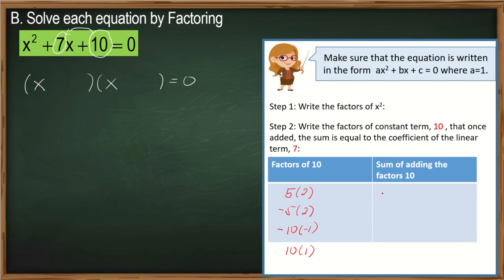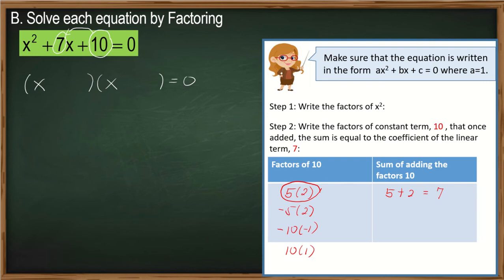Pag i-add natin ang 5 at saka 2, ang result ay 7. At nakita natin na ang 7 ay ang coefficient ng linear term or ng x. Okay? So, we have now, the factors to be used are positive 5 and positive 2. We'll not anymore get the sum of this because we have already identified the factors.